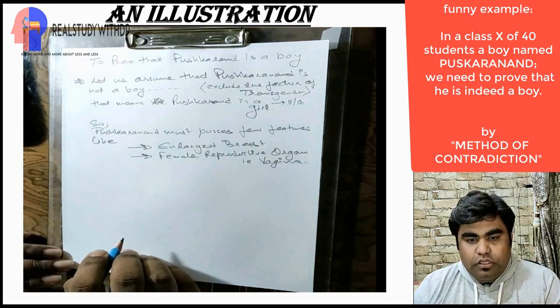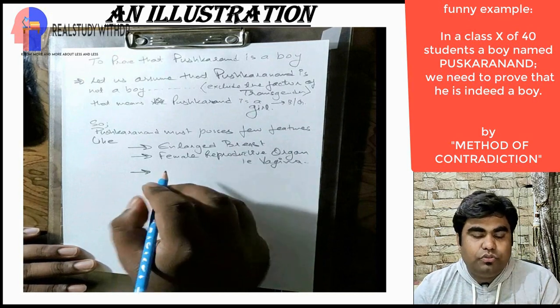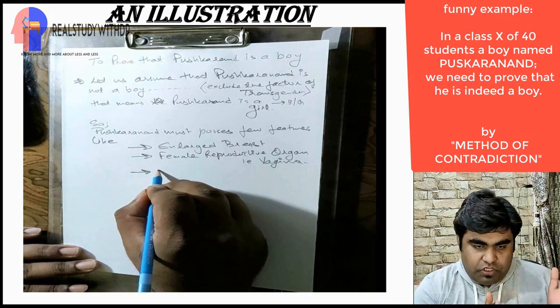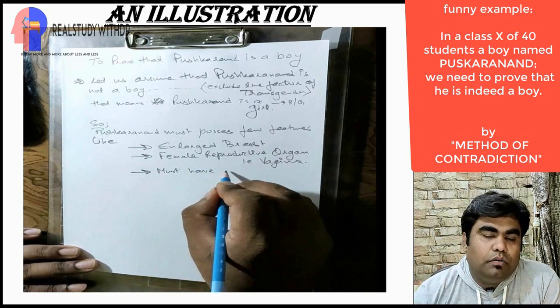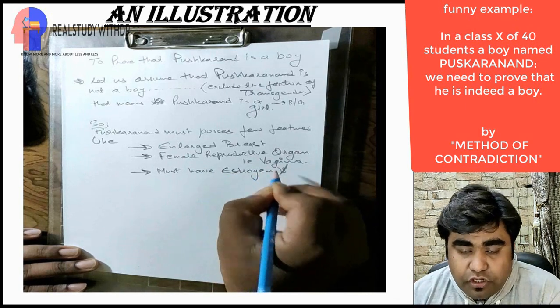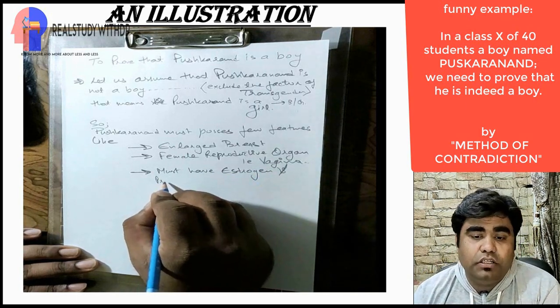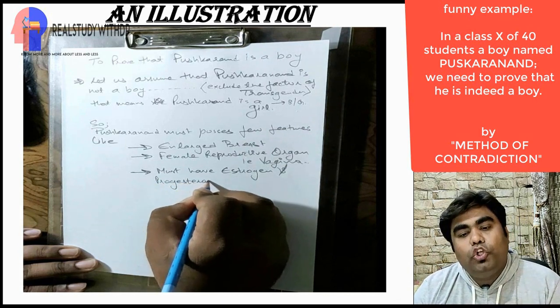And the second part, after careful analysis, we are going to say the subject must also have another property. Pushkaranand must have a vagina, which is a reproductive organ that must be present in him.